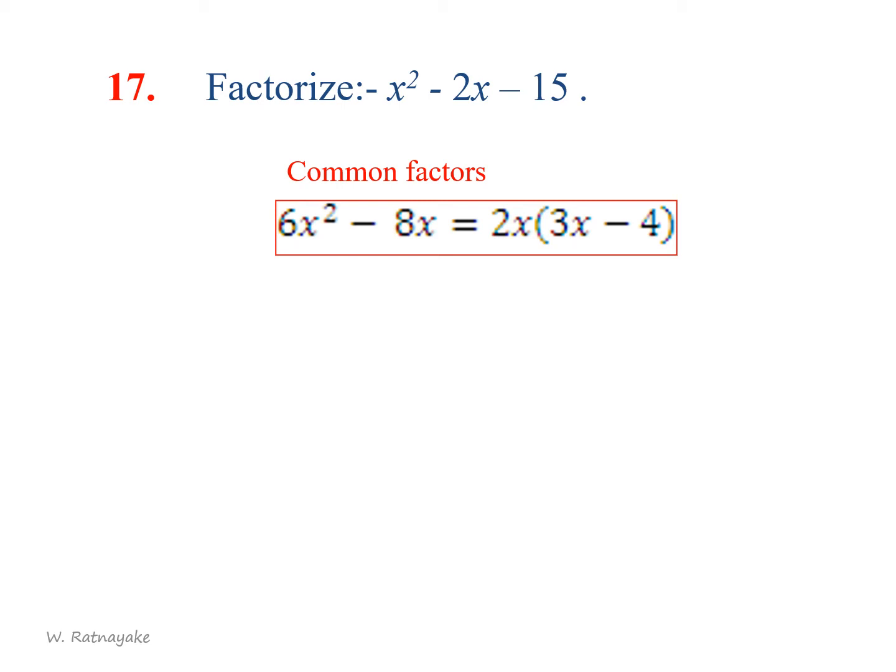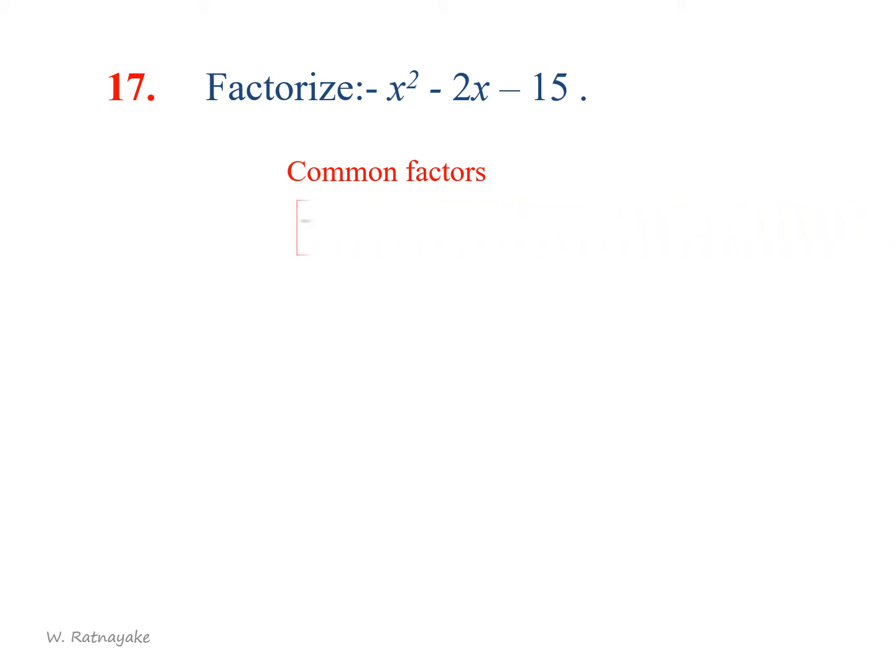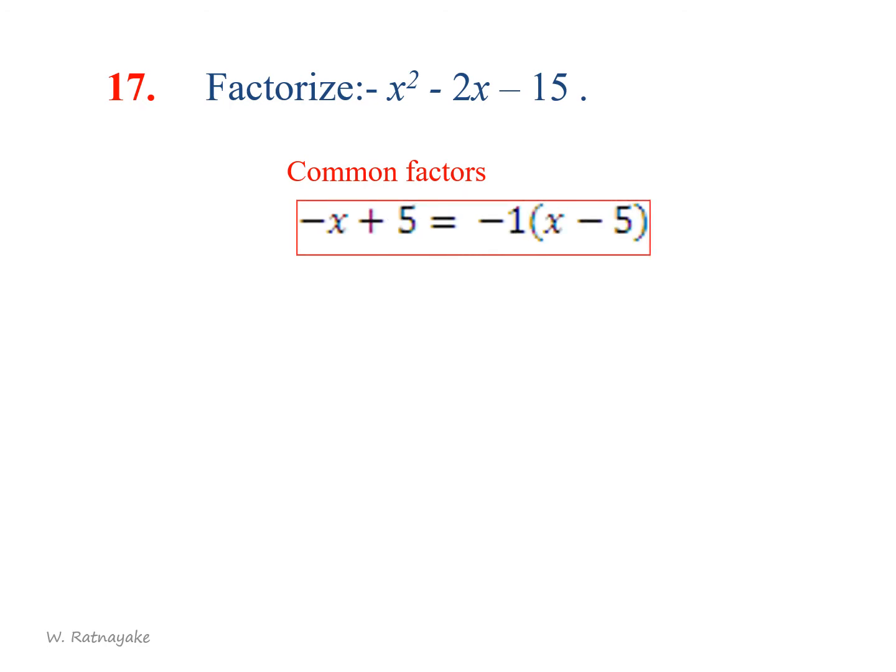We will take another example for common factors. This is a different one, minus x plus 5. In an expression like this, if the first term is negative, it is useful to take a minus common factor out and factorize.